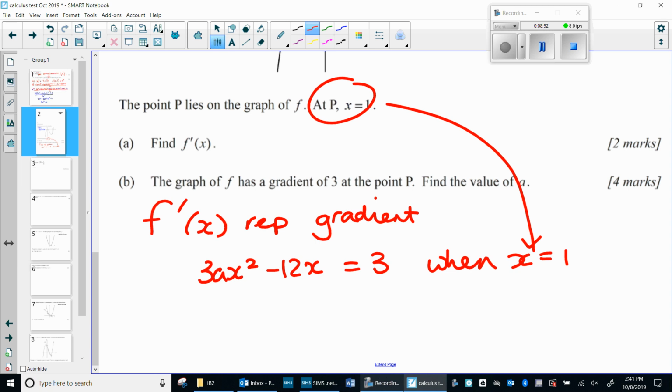But I don't remember you saying that equals the gradient.